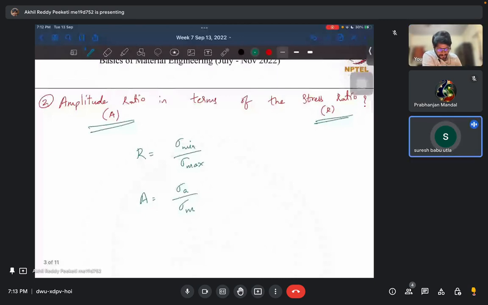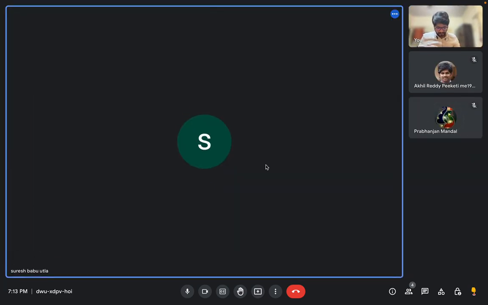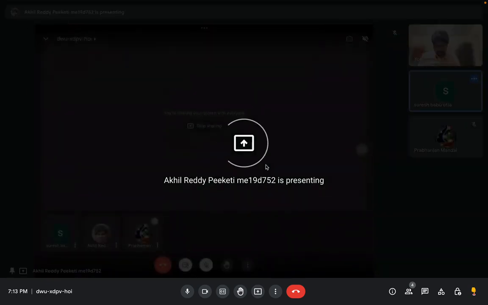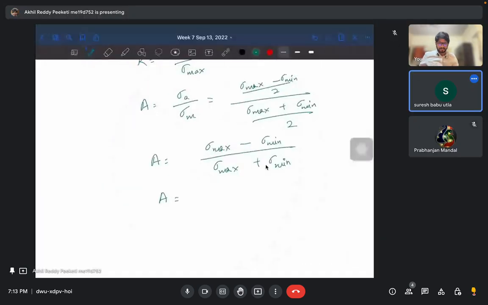Now, okay, I think there is a lag. Okay, let me disconnect and connect the screen right now. Yeah.